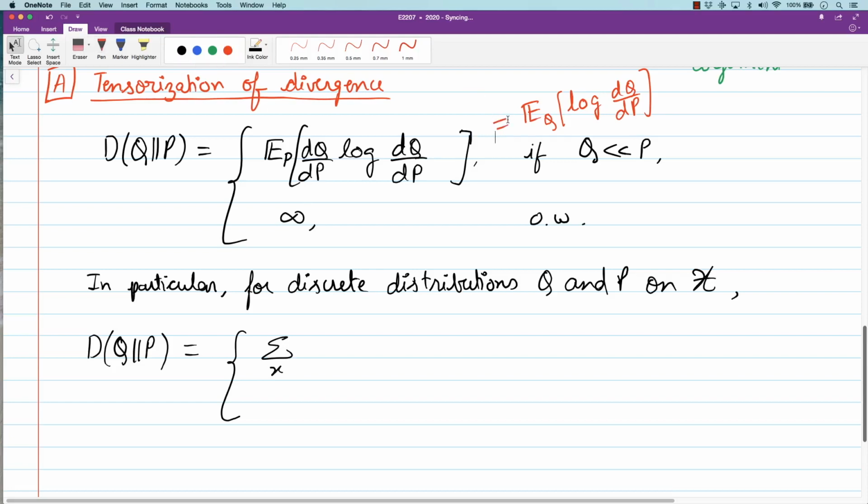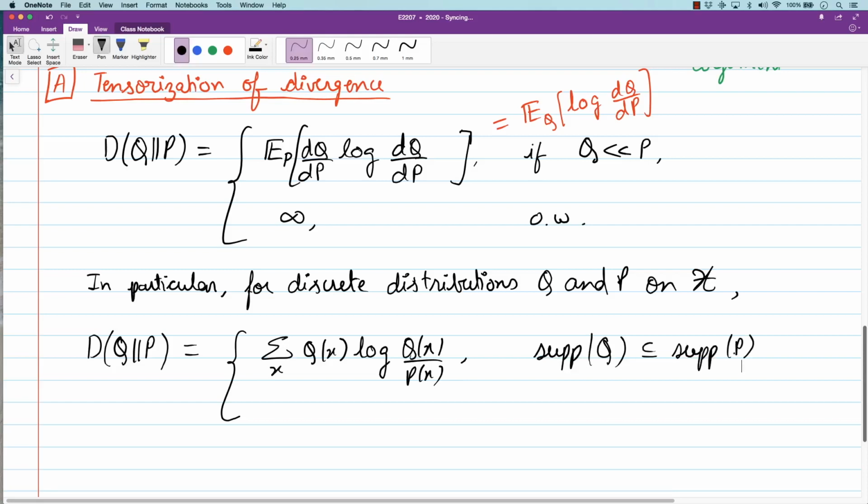So for the discrete case, we can write this as a summation over x of Q(x), taking expectation with respect to Q of the log likelihood ratio, log Q(x)/P(x). And this is only true when Q is absolutely continuous with respect to P, which in the discrete case happens if the support of Q, the set of points where Q is non-zero, is contained in the support of P. And it's infinite otherwise.